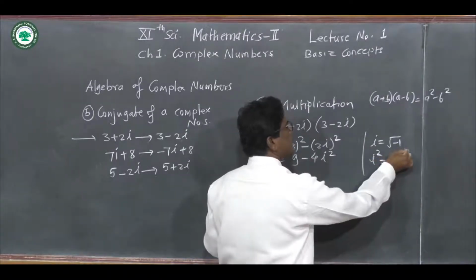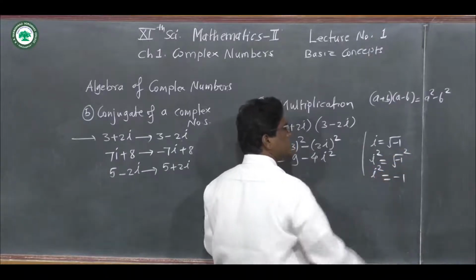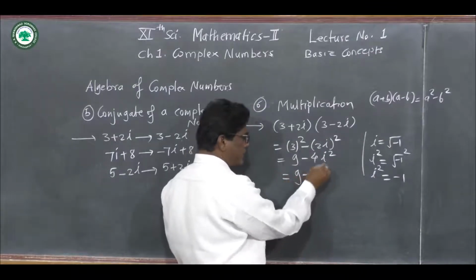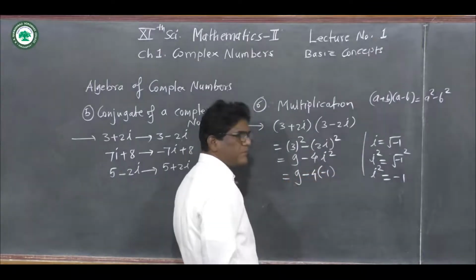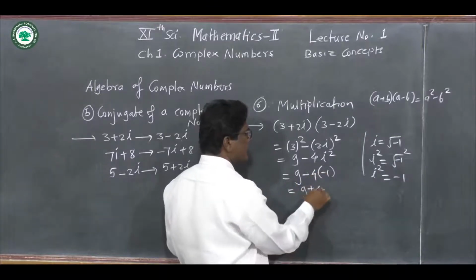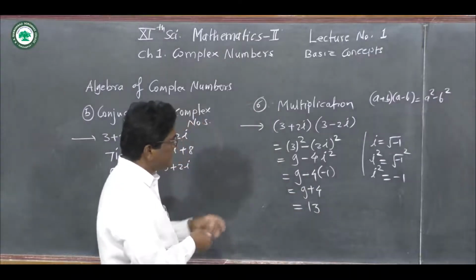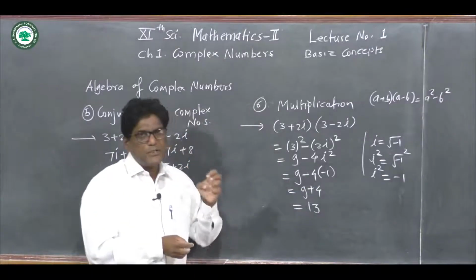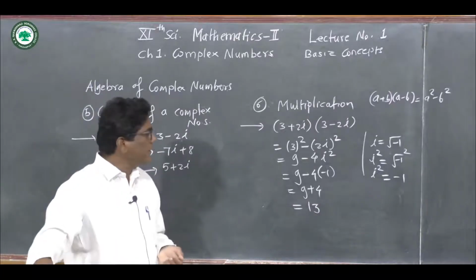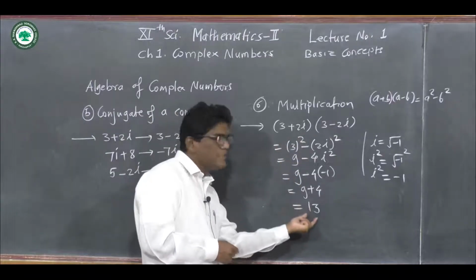This square and square root get cancelled, and therefore i square is equal to minus 1. So we get 9 minus 4 into minus 1, which is 9 plus 4, that is equal to 13. So the multiplication of any two conjugate numbers is a real number.